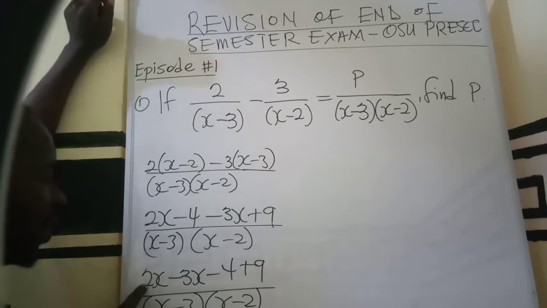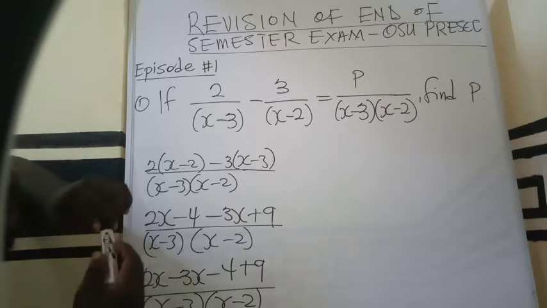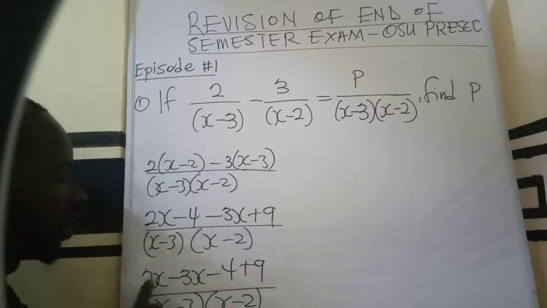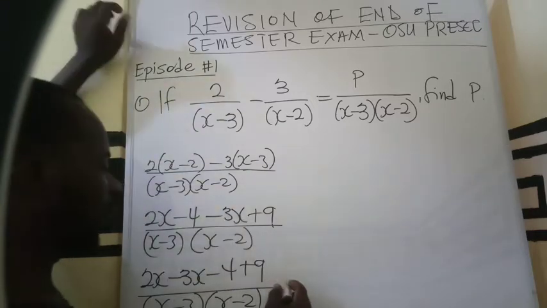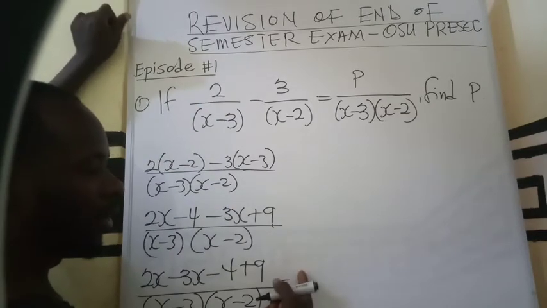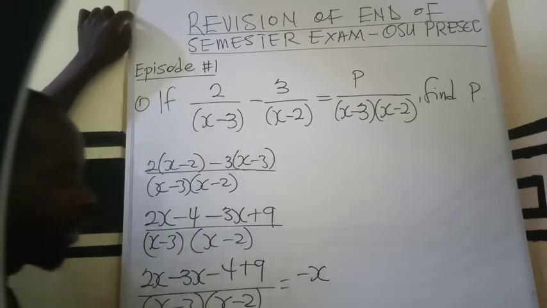So now if x has a coefficient of 2 and the same x has a coefficient of 3, we only take the coefficient so that we multiply by the x as a final answer. So 2 minus 3 will give us minus 1. So when minus 1 multiplies our x, it gives us minus x.